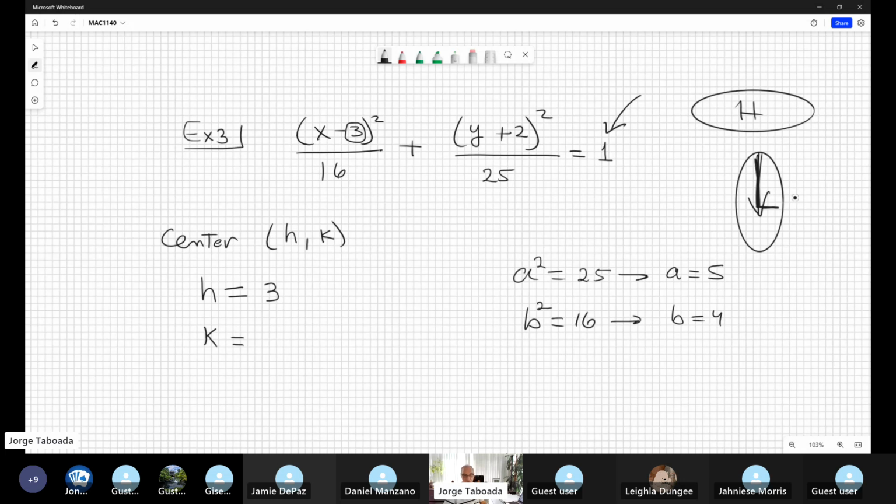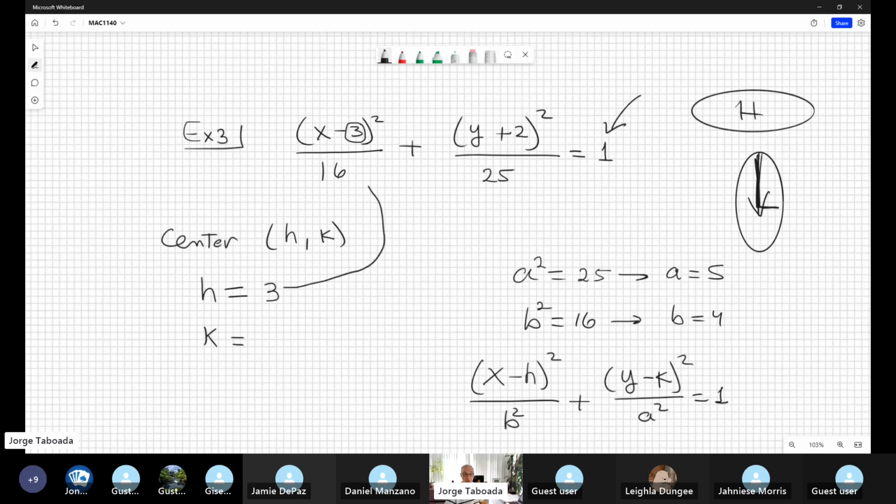Because the general equation is (x minus h) squared over b squared, in this case we discovered 16 is b squared, plus (y minus k) squared over a squared equals 1. So you see 3 positive because the value of h is positive 3.